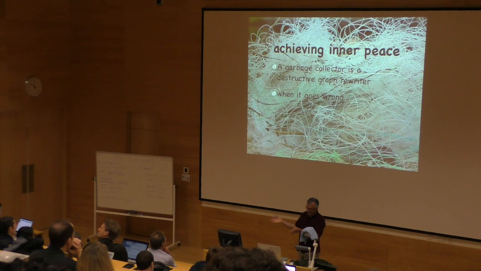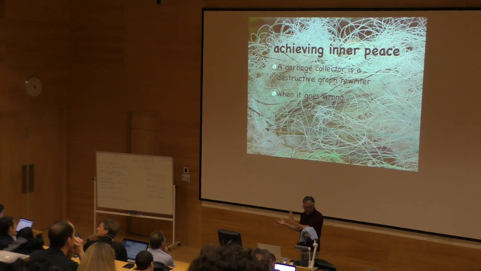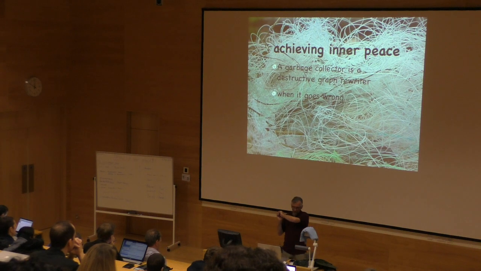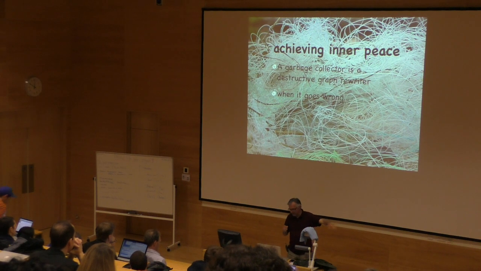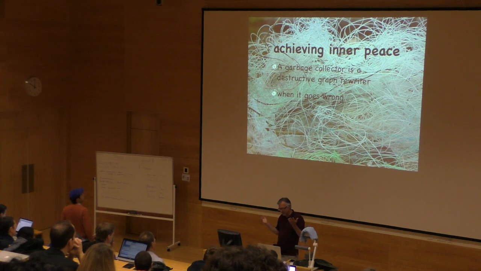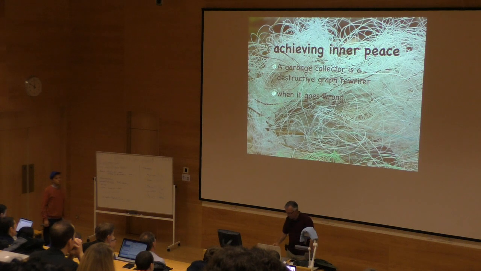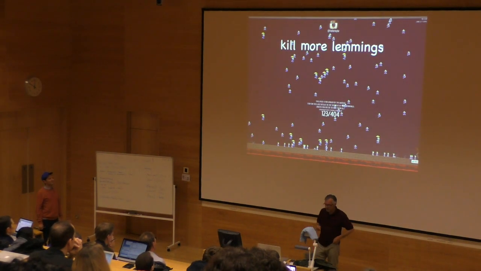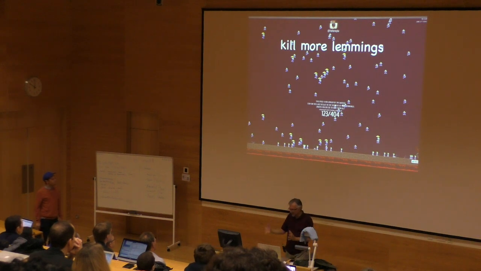Okay, garbage collectors are structured graph rewriters, right? And after you've run a garbage collection, any of the old objects will disappear, and so you may not be able to figure out what's going on. And when it goes wrong, it's basically flat. So how do you deal with it? What you do in the simulator is put a deep copy of the entire VM.